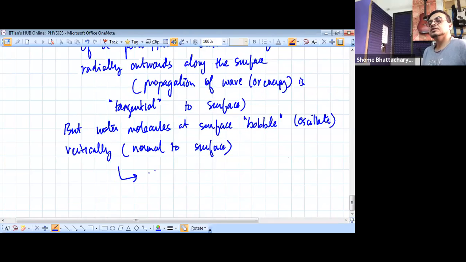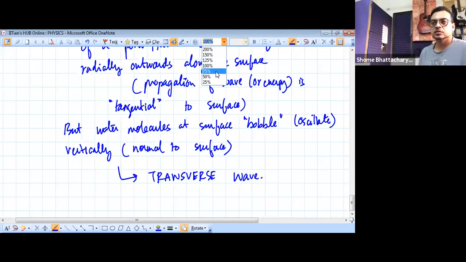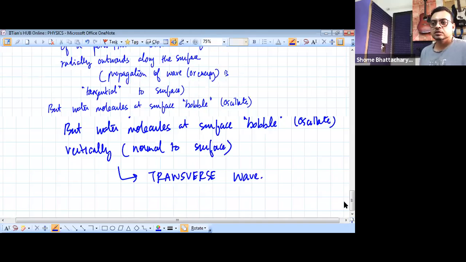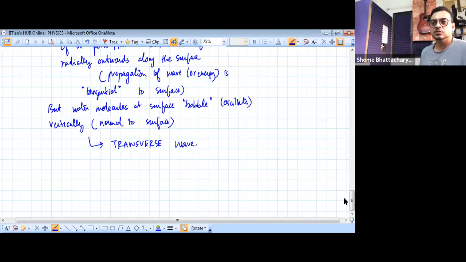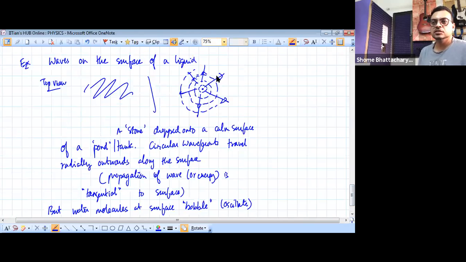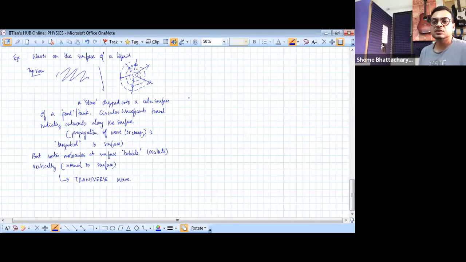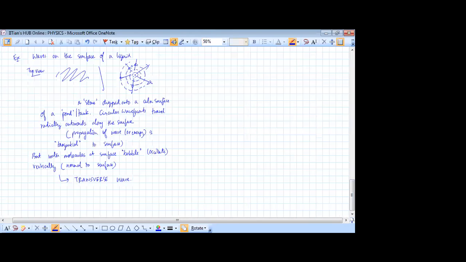That's why it's an example of transverse. Okay, so that's how this constitutes another example of transverse oscillations or transverse wave phenomenon. Whereas next up we will see that longitudinal wave phenomenon, on the other hand, involves a situation where the medium particles are oscillating along the same axis as the propagation of energy.